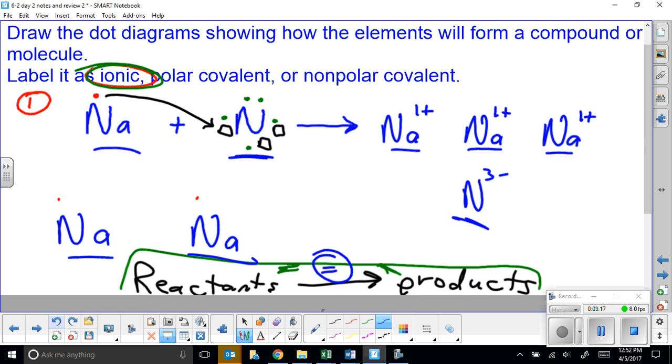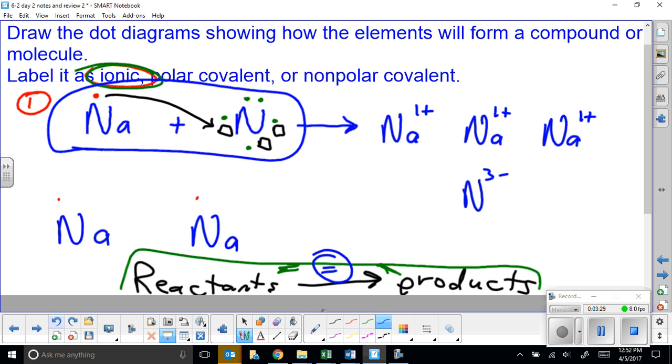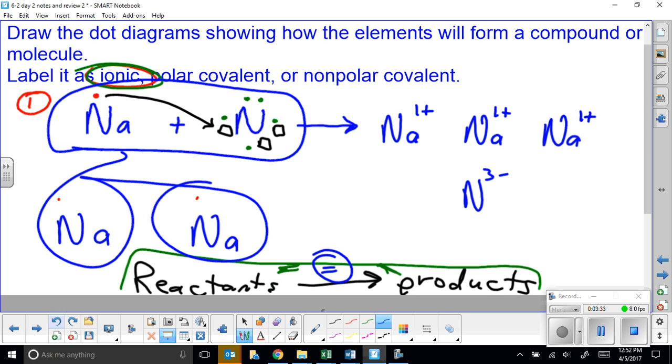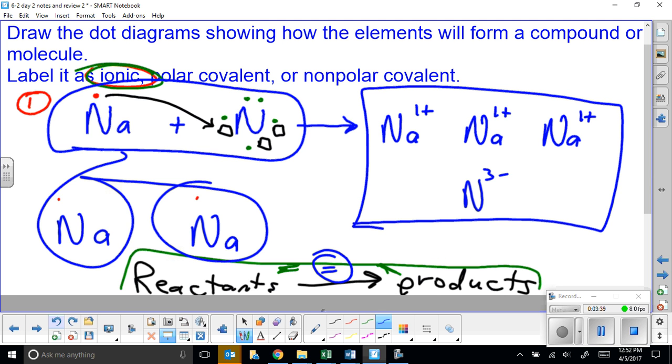Those numbers have to match up because the masses have to match up, and that's what the law of conservation of mass says. So this would be how you would start out with 1 sodium and 1 nitrogen, figure out that you need to add 2 more sodiums, and then show what you have over here as a product when you're all done.